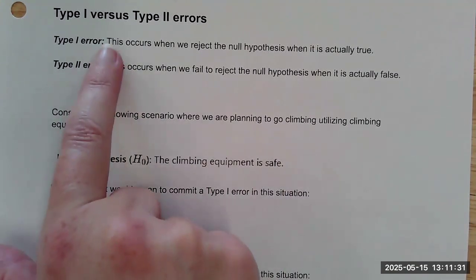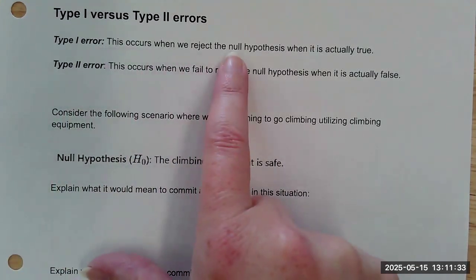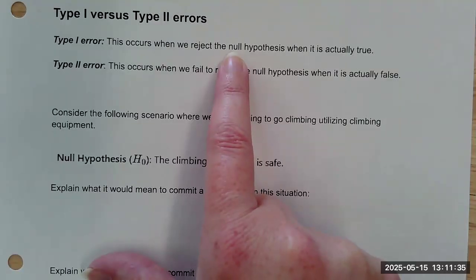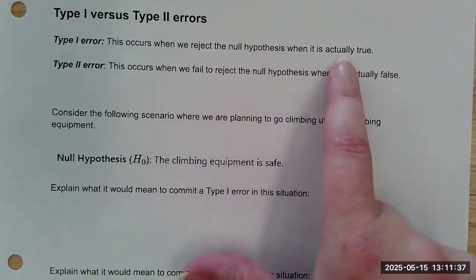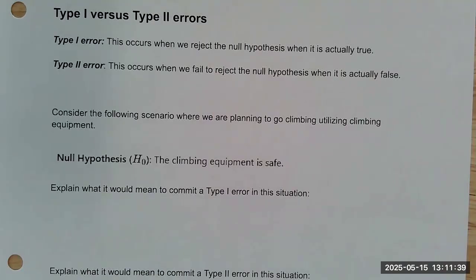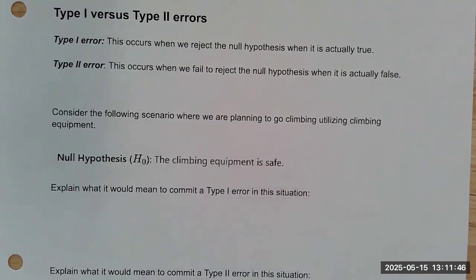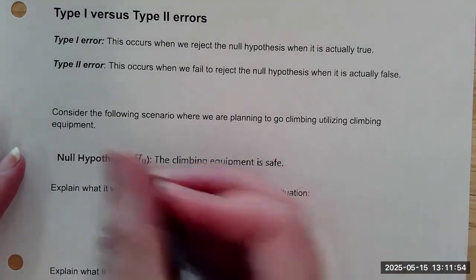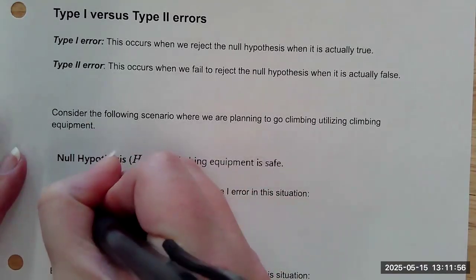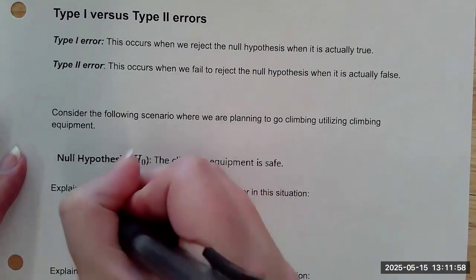So that's the first part. It says this occurs when we reject the null hypothesis. Okay, so we're saying the climbing equipment is not safe, when it's actually true. So we said the climbing equipment is not safe, but it actually is safe. That's what it would mean for us to commit a type 1 error.